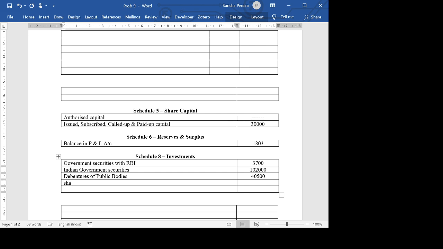Shares in joint stock companies are 22,500. So the total here comes to 1,68,700.